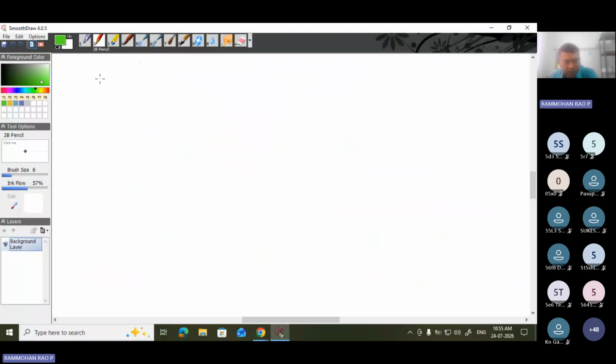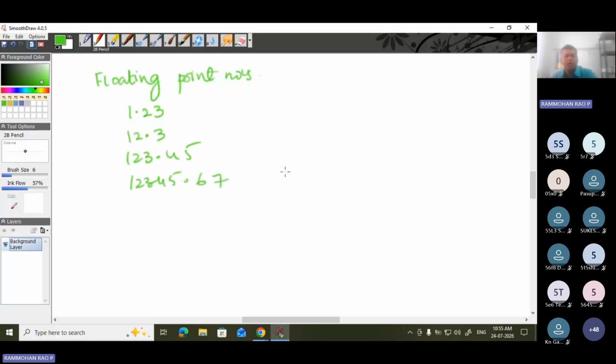So to summarize, we were discussing floating point numbers. Why are they called floating point numbers? Because these are all floating point numbers: 12.3, 123.45, 1234.5, 67. In all these numbers, if you observe, the position of the point is not fixed.